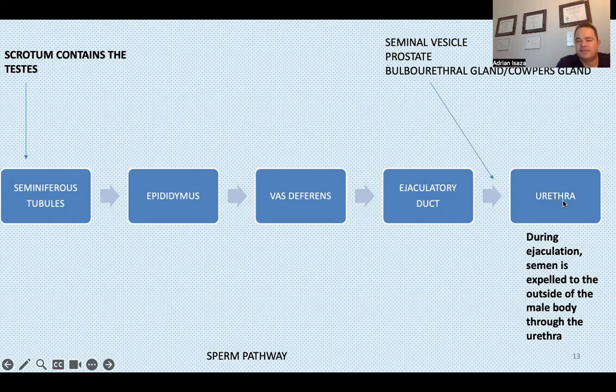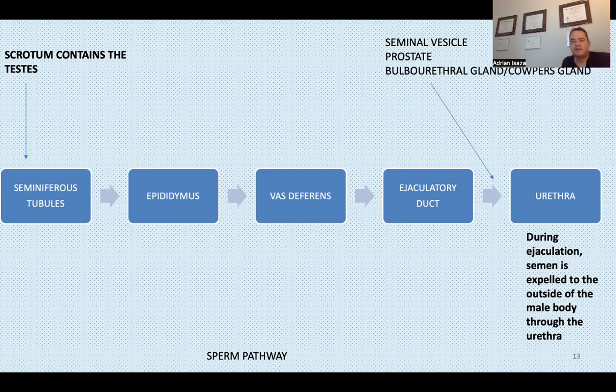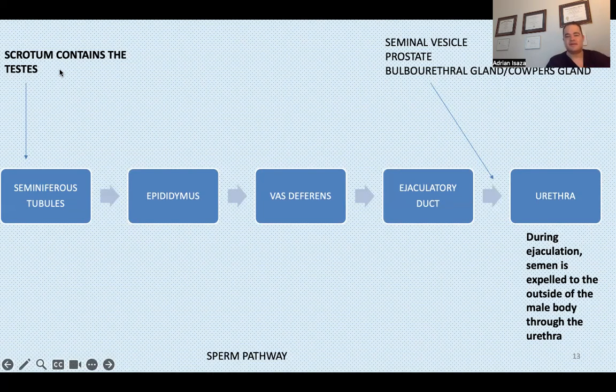That leads into the urethra, right? And ejection, right? So during ejaculation, semen is expelled to the outside of the male body through the urethra. Know that, and know that the scrotum contains the testes. It would also be a good idea to know the flow, right? Know how sperm flows, right? Sperm pathway.